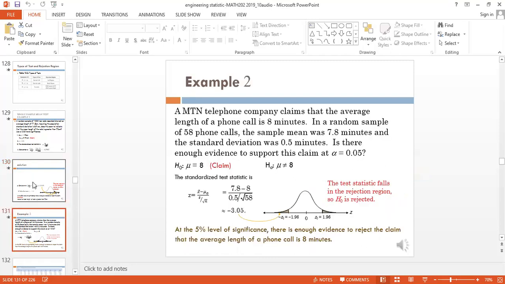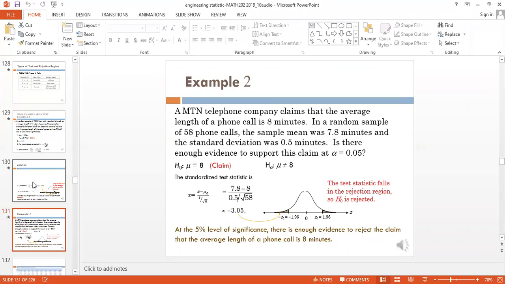So the next example says that the telephone company claims that the average length of phone calls is 8 minutes. In a sample of 58 phone calls, the sample mean is 7.8 minutes and the standard deviation is 0.5 minutes.